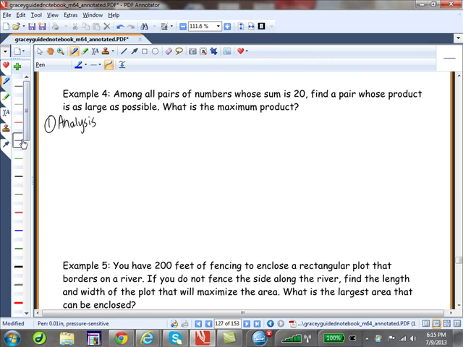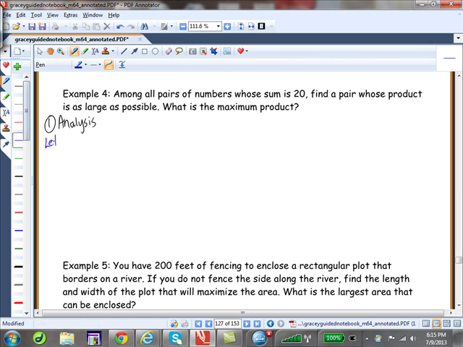So the trick to these is you're given two sets of information. You're given the quantity that you want to optimize, which is a generic way of saying either maximize or minimize. And then you're given secondary information, which allows you to isolate one variable in terms of the other.